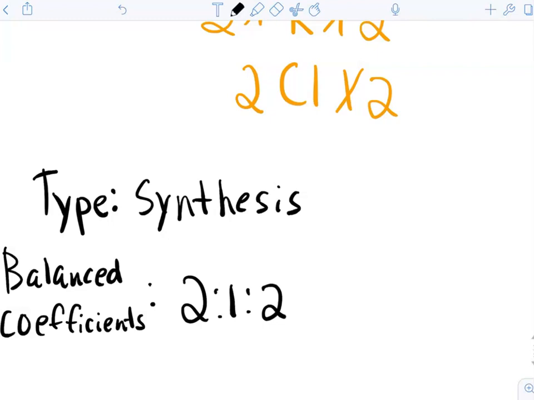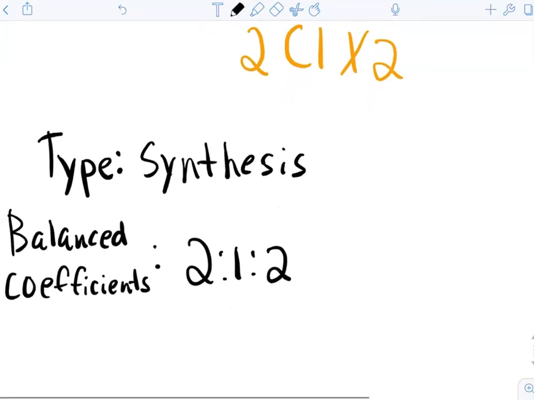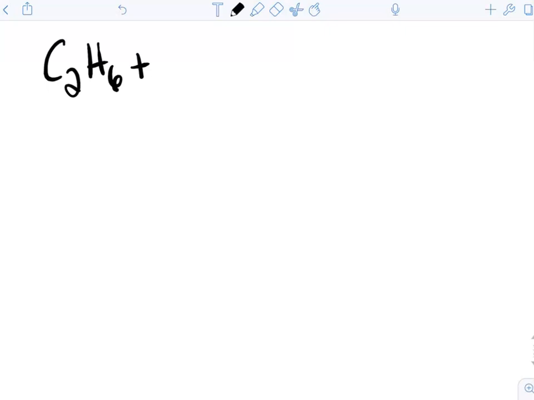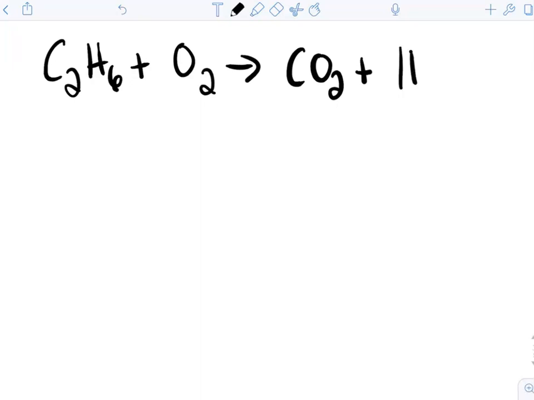Okay? Now, this next one is going to be harder. And I want to work through it with you because if we look at this, once I get it written down, we can see that this is going to be a combustion reaction because we have carbon dioxide and water as products.